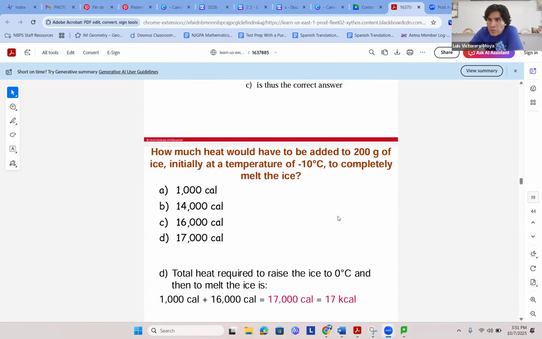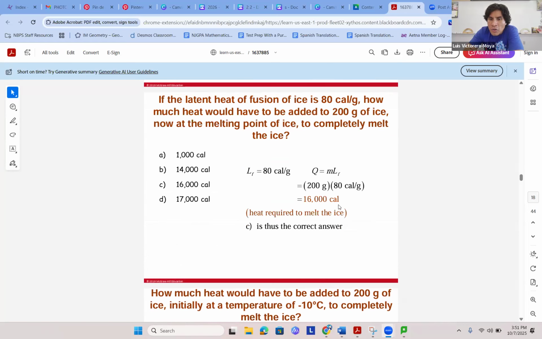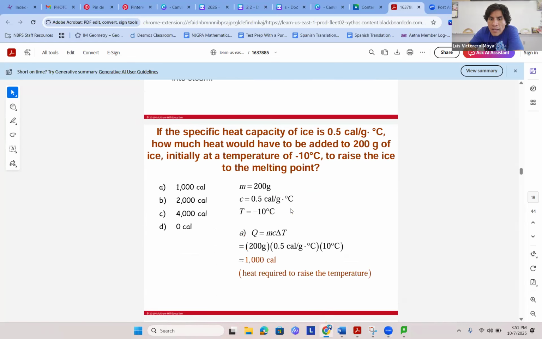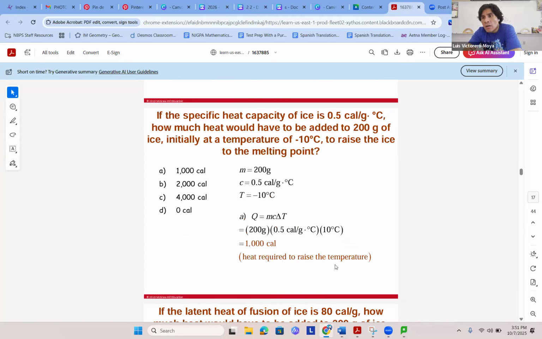And then how much heat do you need to add if you are raising the temperature from -10 to totally melted? You're going to add the 16,000 plus the 1,000. Look how much more energy you need to melt, to do a phase change. Okay? That should give you an indication of the large amount of energy needed to evaporate.